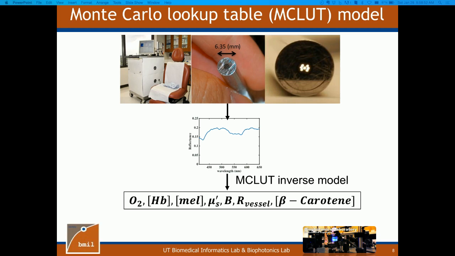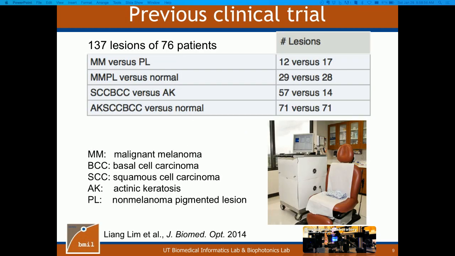So my work takes advantage of a clinical database we collected previously. In 2014, our group published a paper in which we used principal component analysis to analyze the clinical data set.